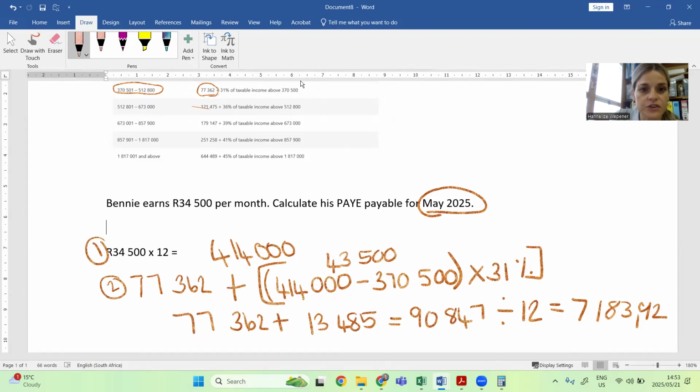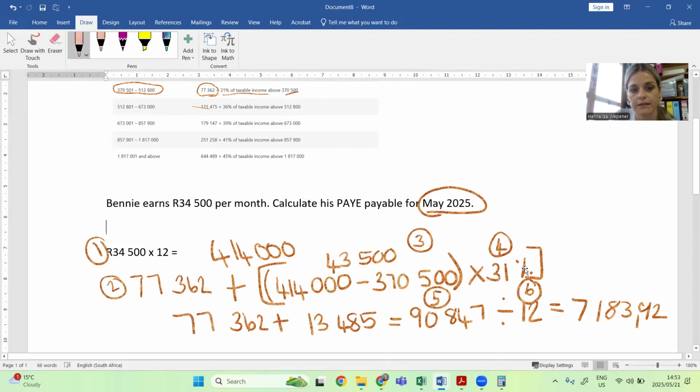On top of that, if you earn more than the minimum amount within that bracket, you also have to pay taxes on that amount. So find the difference between your total annual earnings and the minimum amount within that tax bracket, times that by the percentage of tax for your bracket, and add the two amounts to get your total tax payable for the year. Divide it by 12 to see how much you have to pay only for this 1 month. And that's calculating your taxes using tax tables.